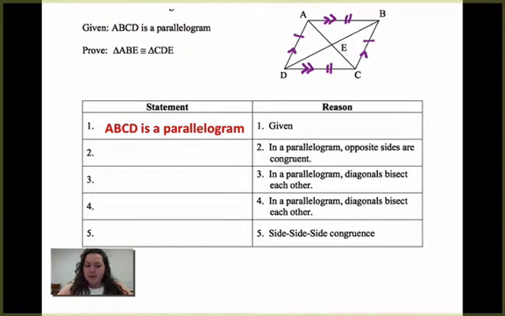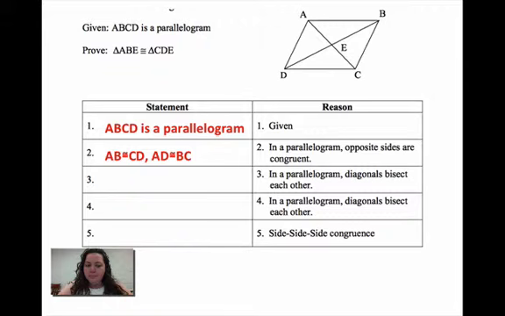So I could say that AB is congruent to CD, which I had there. And I could also say that AD is congruent to BC. And you could put by definition of a parallelogram instead of what we have here. It says in a parallelogram, opposite sides are congruent. Okay, that's by definition of a parallelogram.